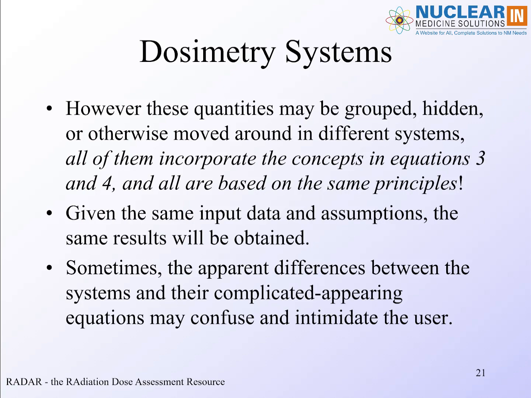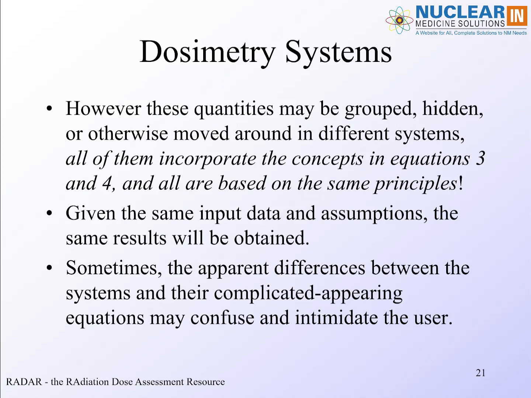So no matter where we move stuff around, what we call the different symbols, all of them incorporate the concepts in these equations, the dose rate equation 3 and the cumulative dose equation 4, and they're all based on the same principles. They're identical. I taught this stuff for 15 years, and I was teaching occupational and I was teaching pharmaceutical, and they went to one course or another, but they were getting confused, and I just realized it's all the same thing.